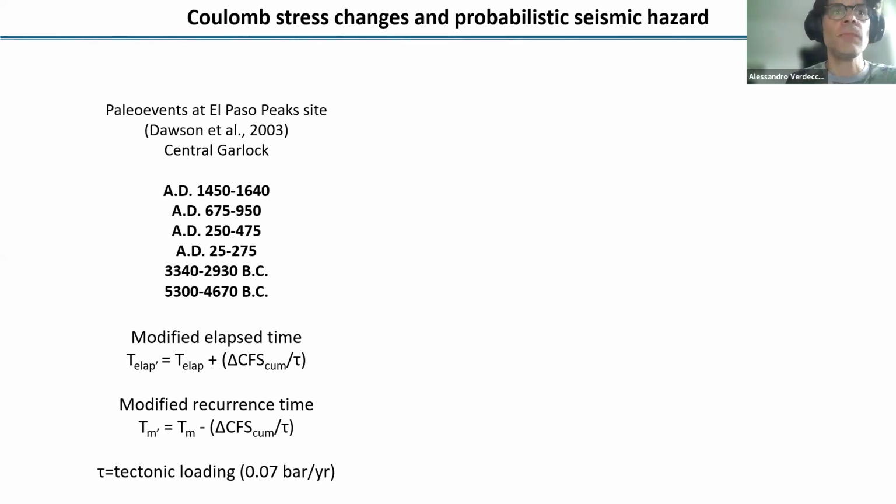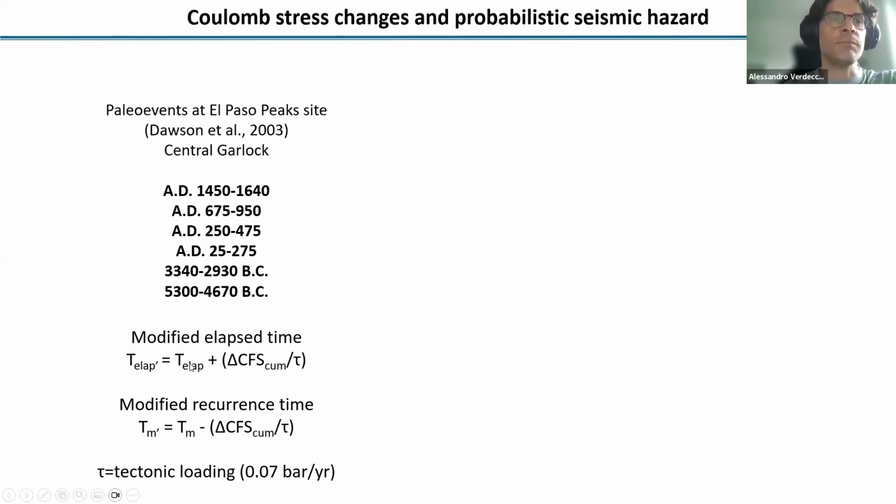There are 2 main ways of including Coulomb stress calculations in fault-based probabilistic seismic hazard. The first one is to modify the elapsed time since the last earthquake with this equation again.